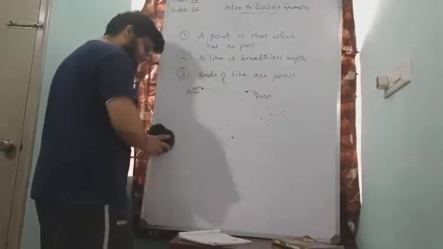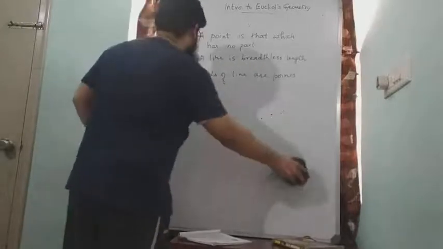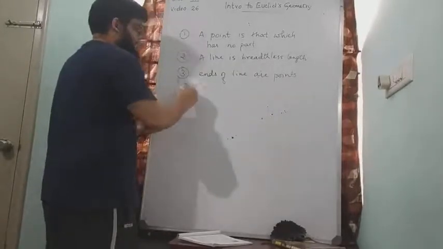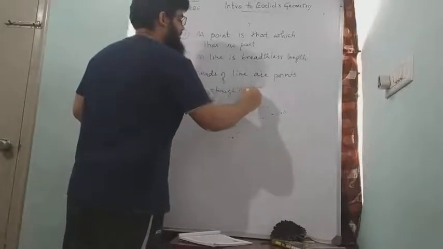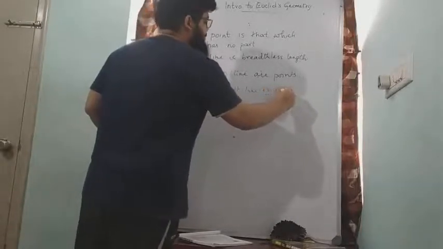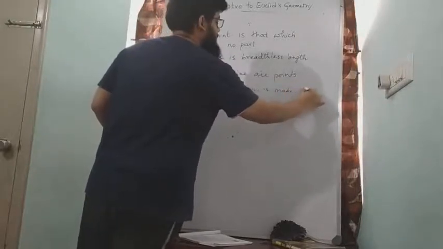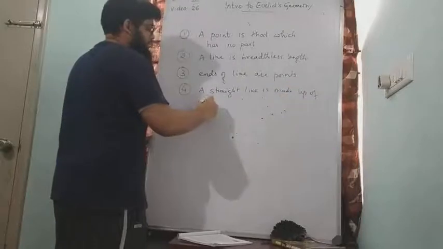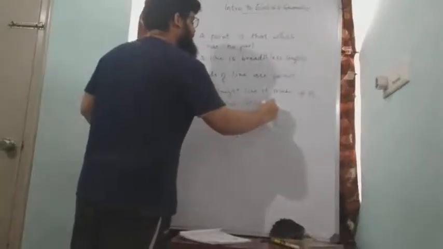Next, a straight line is a line which lies evenly with the points on itself. A straight line is made up of points that lie evenly.